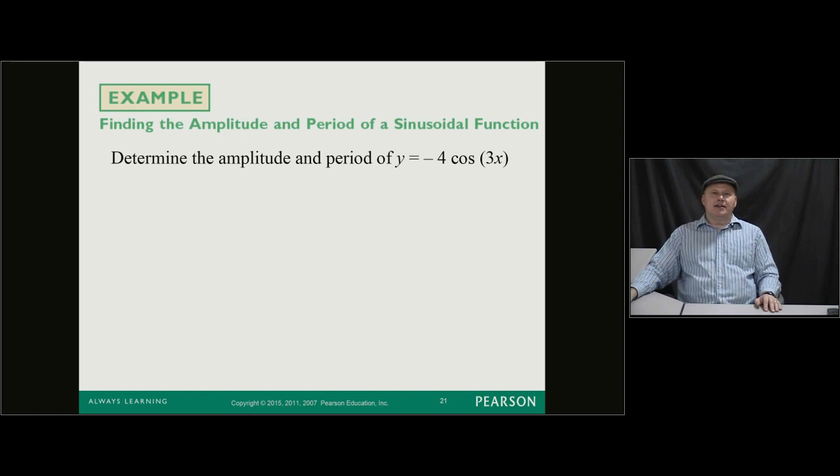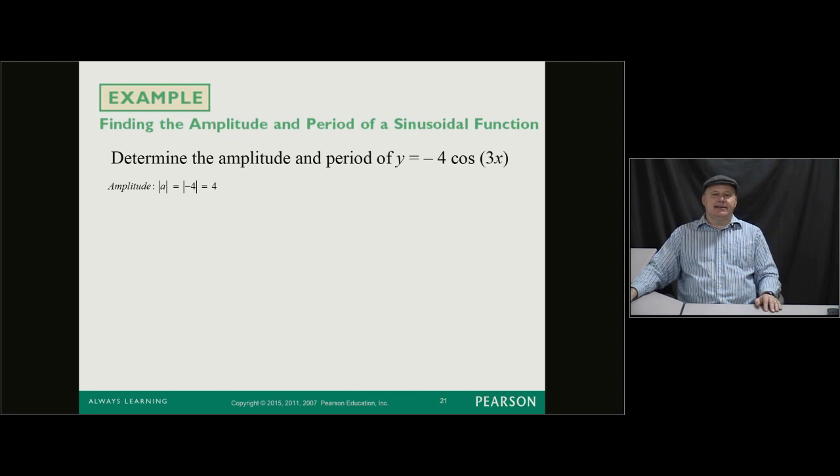So we're going to determine the amplitude and the period of y equals negative 4 times the cosine of 3x. Now what's the amplitude? If you said negative 4, it's close, but it's not quite right. Amplitude is a distance. So the amplitude is actually 4. What do you do with the negative?